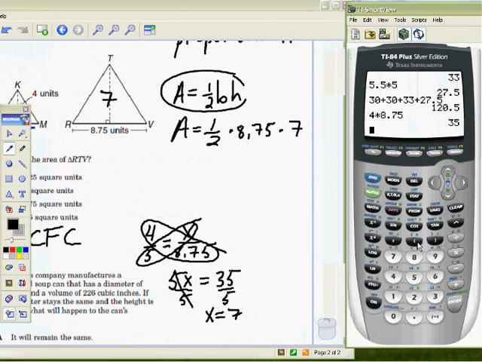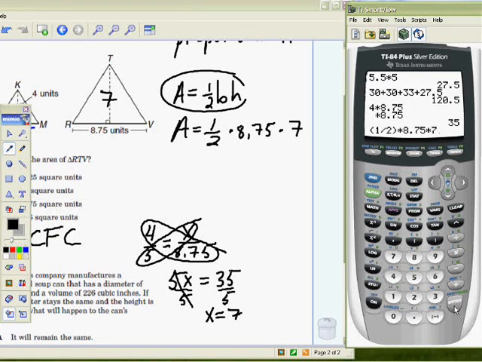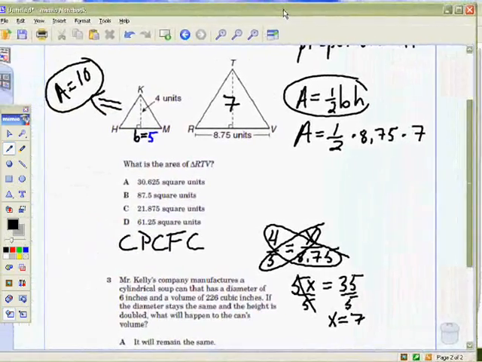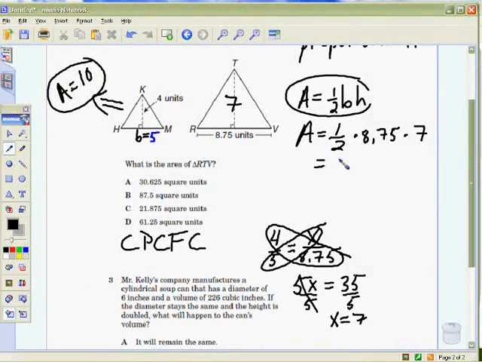Remember, when you're putting fractions in the calculator, you need to always use parentheses. We could have just used 0.5, but I wanted to take the opportunity to remind you of using parentheses in the calculator when you're using fractions. Times 8.75 times 7, and that gives me 30.625, which is choice A.